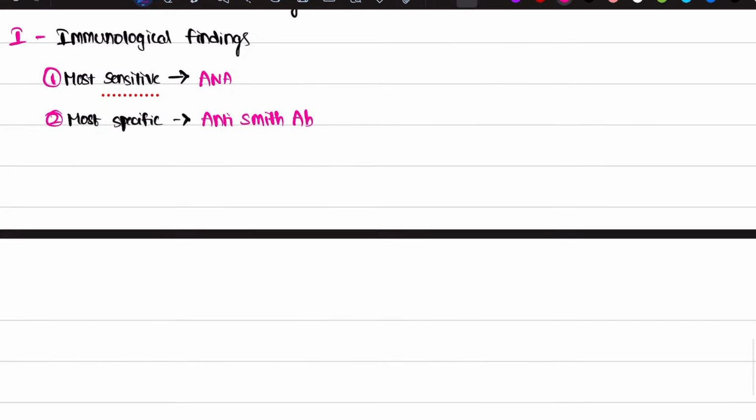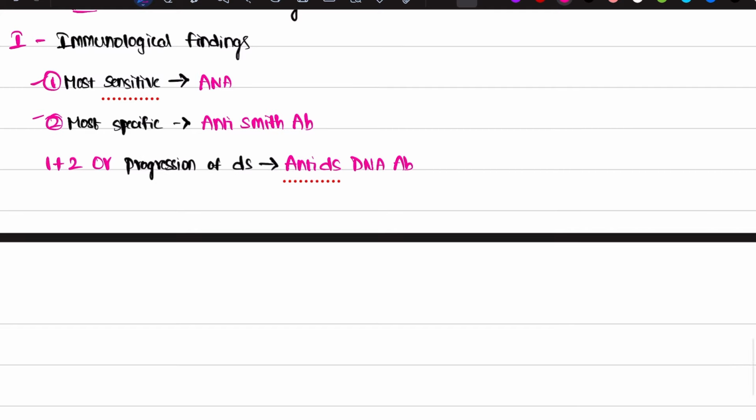If the examiner is not focusing on the most sensitive and most specific, but on the progression of the disease, like how the disease is progressing, let's answer this as anti-dsDNA antibody. DS means disease progression.